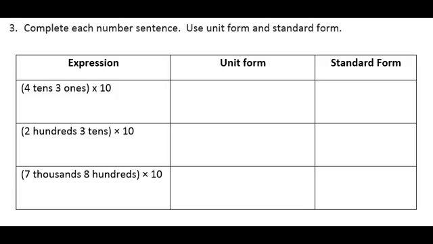We'll follow a similar process here. This time we're taking 4 tens and 3 ones times 10. I'll do each one individually. 10 times 4 tens would give me 40 tens. 10 times 3 ones would give me 30 ones.